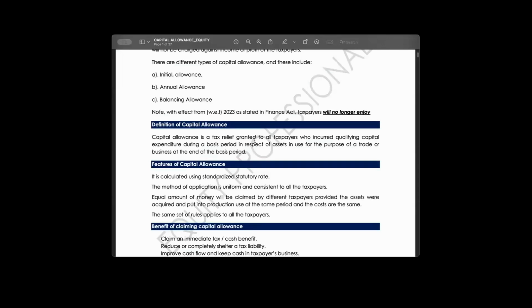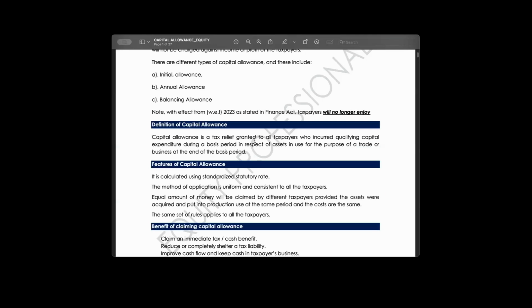Unlike your depreciation, there is no standard that says that taxpayers that have acquired the same assets and put them into production use at the same date must use the same depreciation method. So they could decide to use the straight line method. The other one could decide to use the reducing balance method. At the end of the day, the two of them will be calculating different amounts of depreciation.